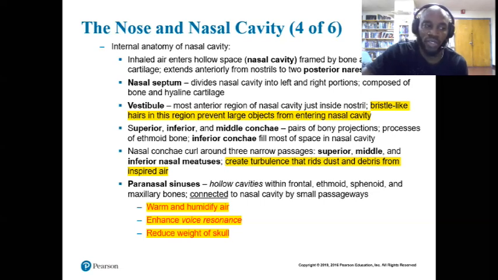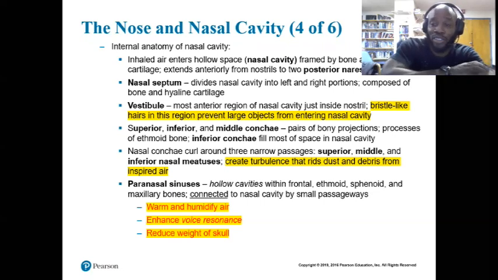Any type of inhaled drug, like snorting a drug through your nose, is a problem, because the nose is meant to inhale air. It's not meant to inhale harmful substances.